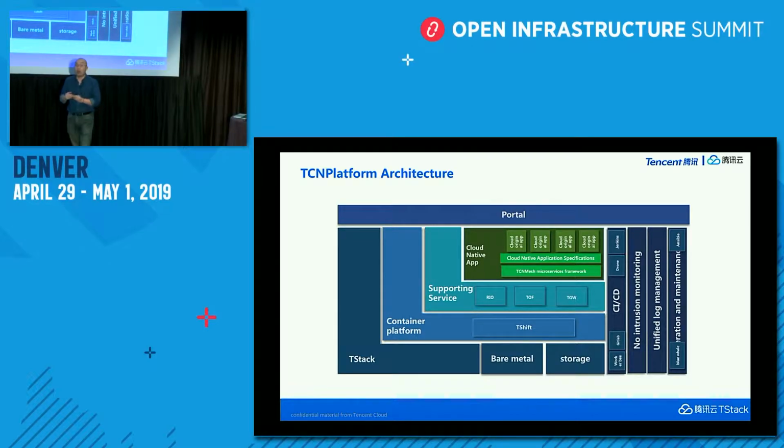So we built all these supporting services by ourselves. Upon these supporting services, we can have our microservice framework. It's based on Istio, however, a commercial version of Istio 1.1. And then we can build for our clients the applications we call cloud native applications, in different domains.